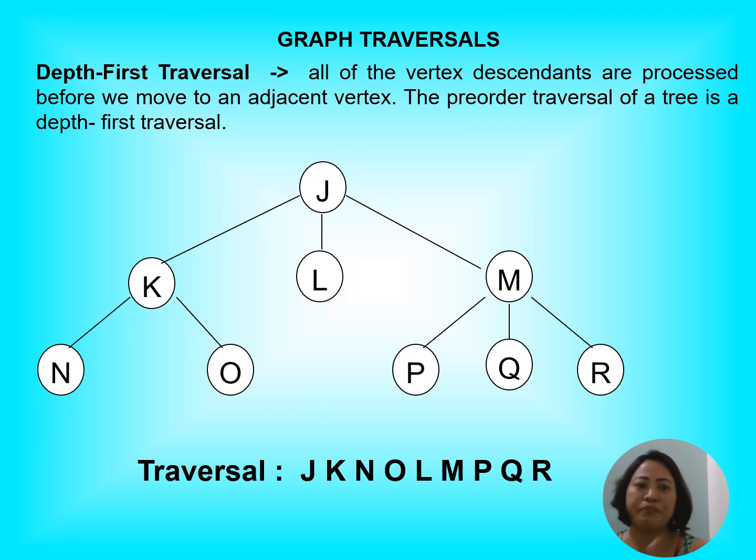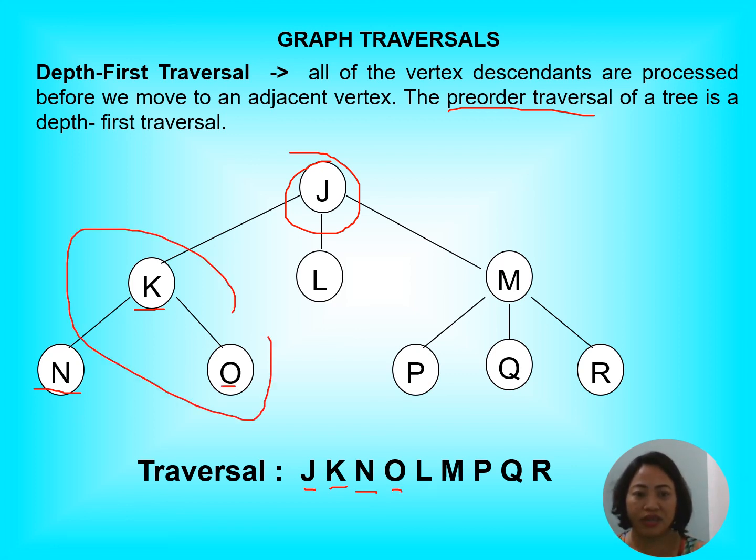So going back to the definition of depth first traversal, that means we're going to process first all the vertex descendants. It's just like a pre-order traversal. We process the first vertex and then go to the descendant. The descendant of J is K, and the descendant of K is N. Another descendant of K is O. So we're done with this.